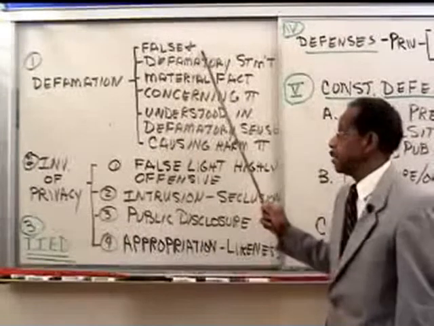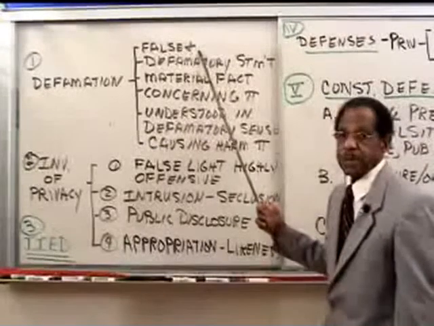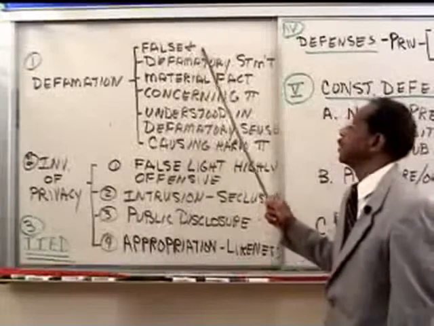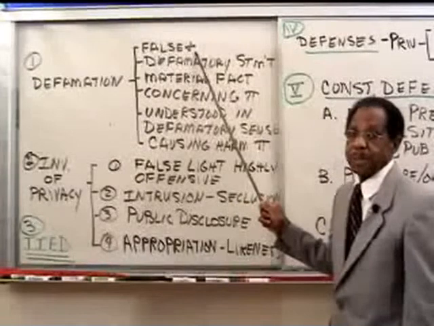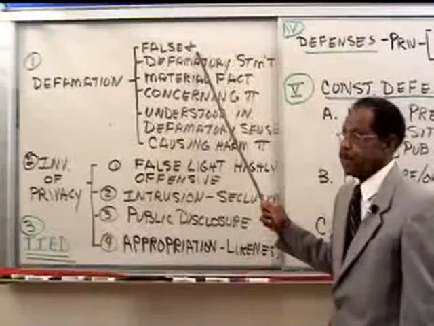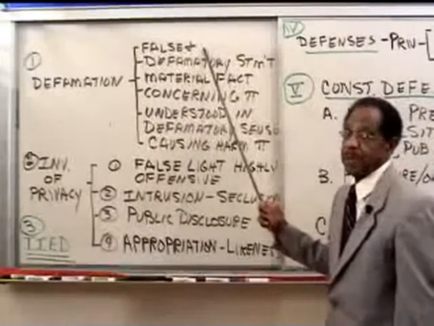In those cases, public figure, public official, matter of public concern, falsity is no longer presumed as it was at common law. The plaintiff has to prove that the statement was false.